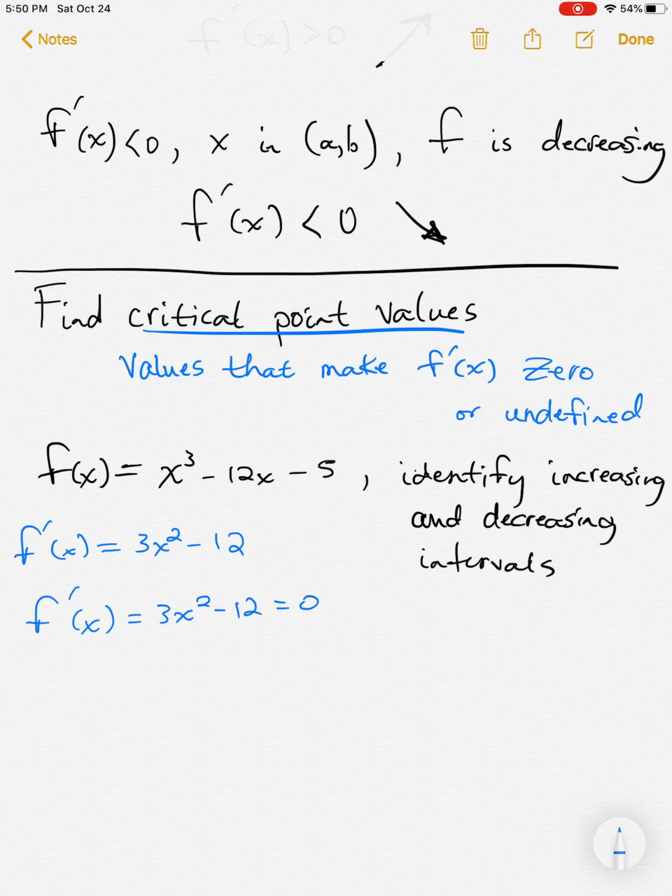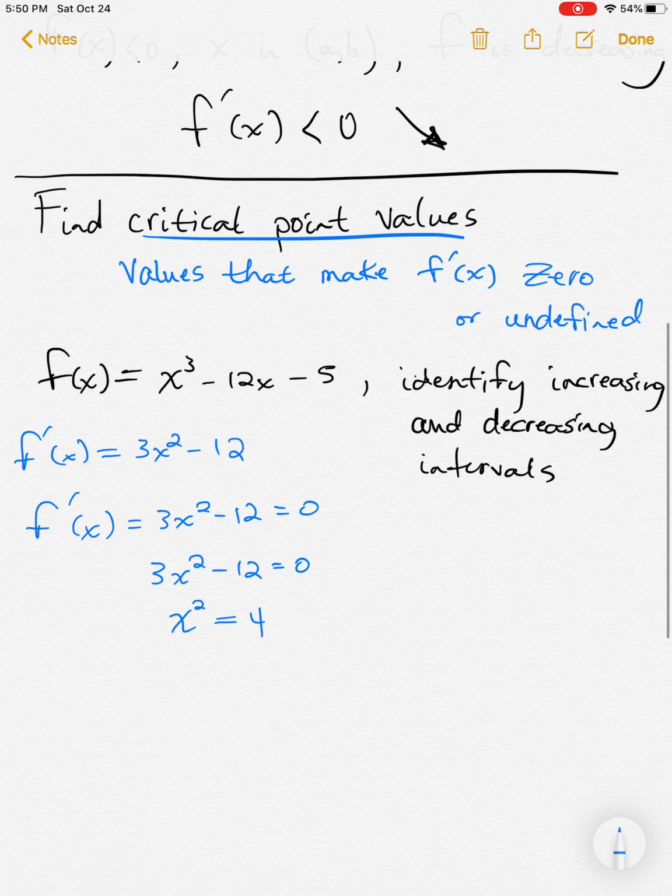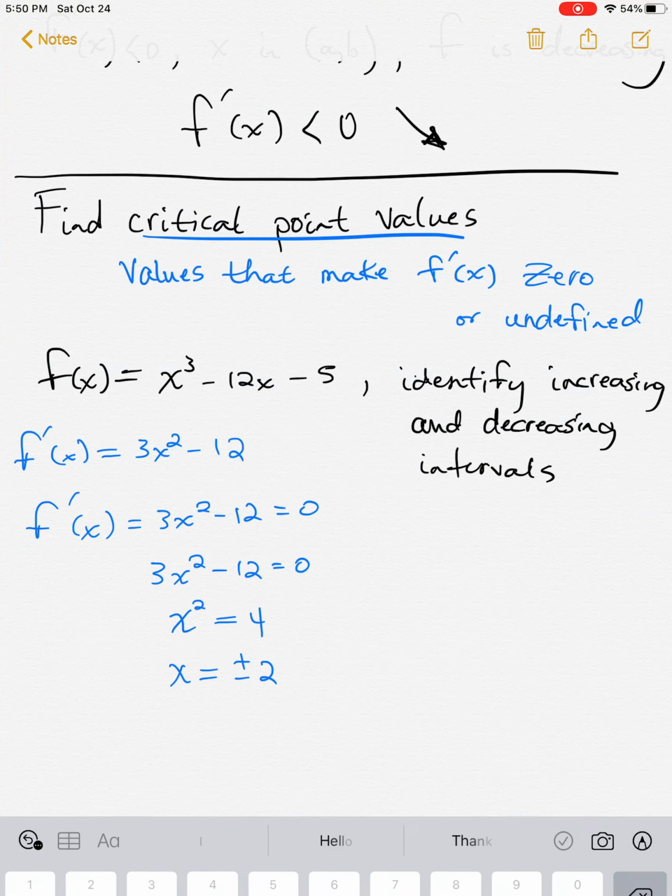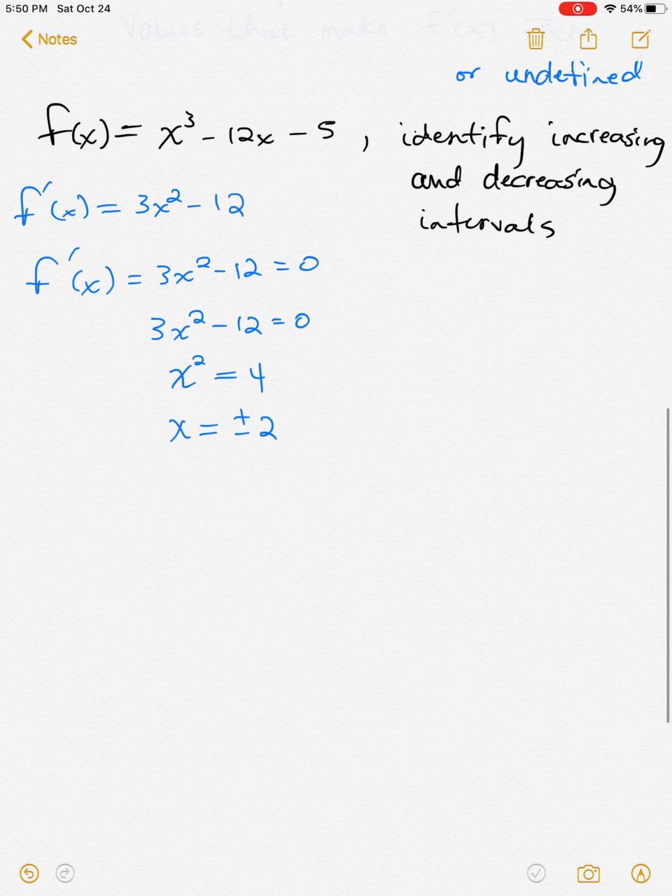So we'll find out what those values are. That leaves us with 3x squared minus 12 equals 0. X squared equals 4 whenever you add 12 to each side and divide by 3. And then undoing the squared power, you have plus or minus 2. So the two critical values are plus or minus 2.